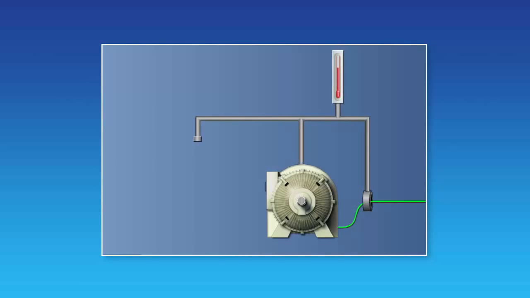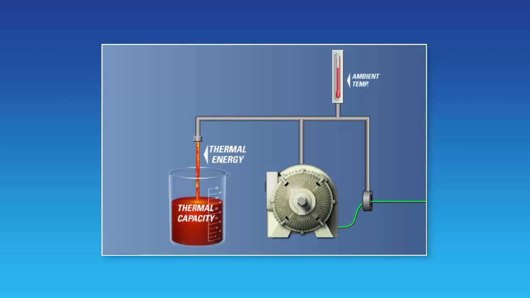We will use the following model to aid in a better understanding of motor thermal modeling concepts. The motor's thermal capacity, that is to say the amount of heat energy the motor can hold, will be represented by the glass vessel. The lava-like fluid filling the vessel will represent thermal energy or heat energy that has been absorbed by the motor. The sources of thermal energy that will fill the vessel or heat the motor are ambient temperature, motor losses due to current unbalances and I²T, and motor heating due to a start.